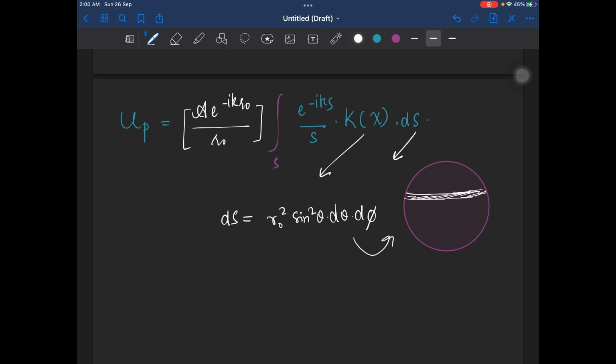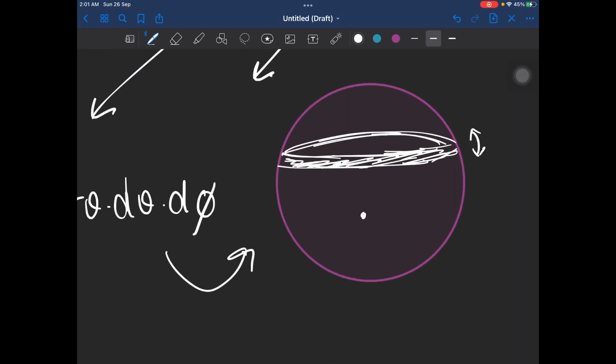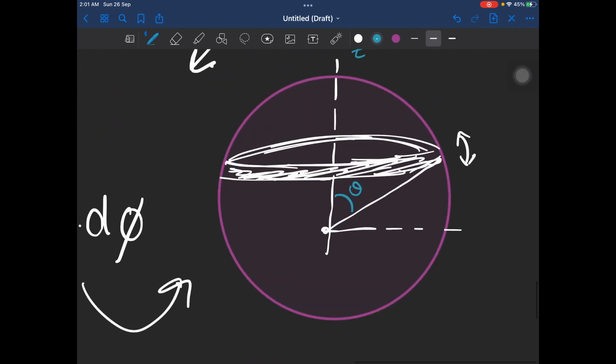This is this elemental area. This is given by the polar tilt.